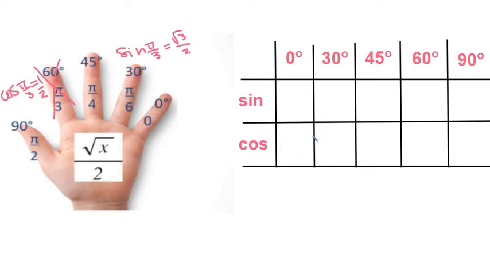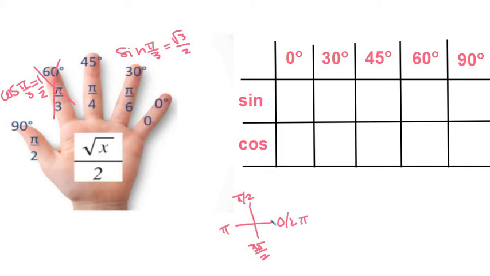So we have a chart. This is our first quadrant: 0, 30, 45, 60, and 90. So all the special values in the first quadrant. Let's first remember that 0 and 90 are those axis values. At 0, remember this is 0, this is 90, pi over 2, pi, 3 pi over 2, and then again at 2 pi.